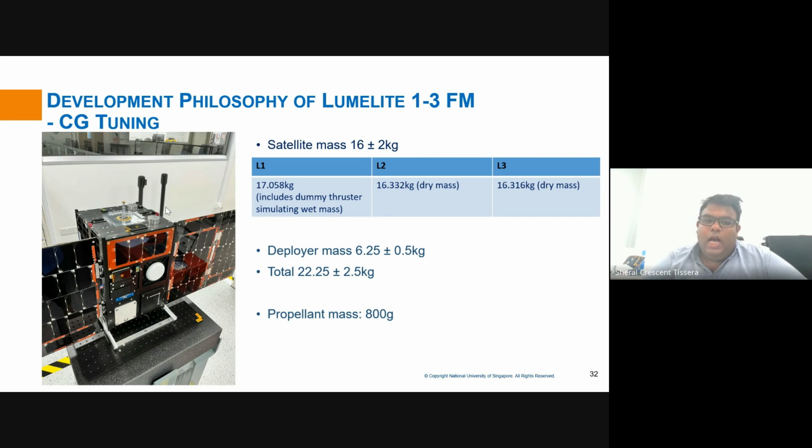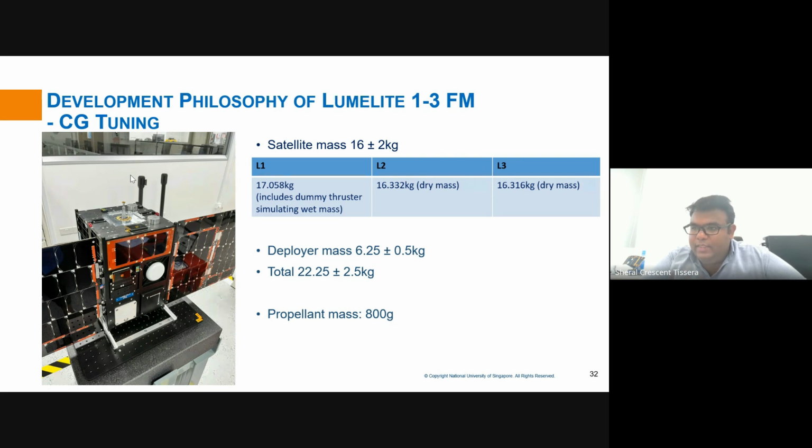Now the operation of the propulsion system is done through the ADCS. When we are going to fire the propulsion system, we need to align the thrust vector, which is the plus x-axis of the satellite, with the velocity vector of the orbit.